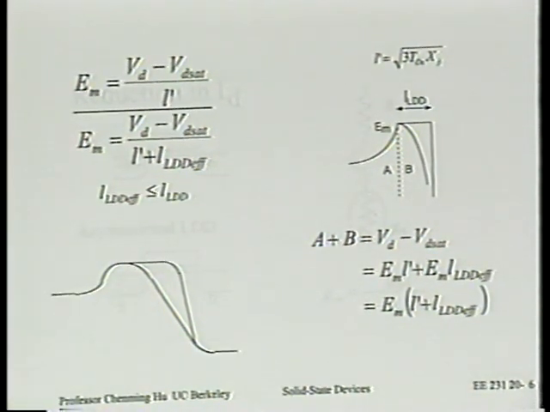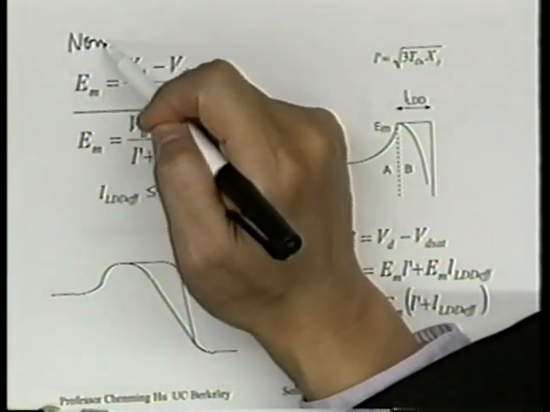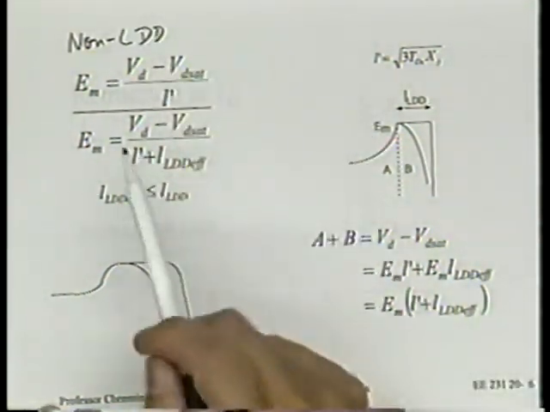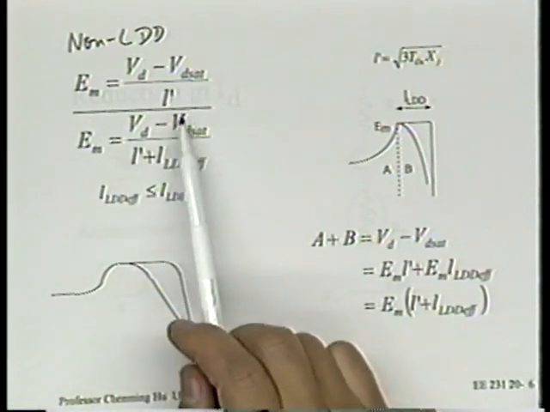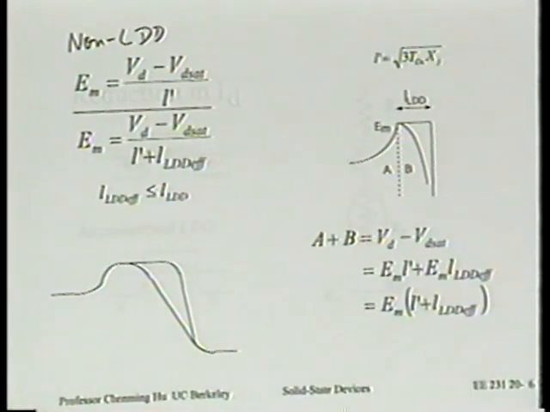If we now understand this LDD structure, then we can extend the theoretical model for EM. For the non-LDD structure, we have this case: EM equals (VD minus VD set) over L prime. We can interpret L prime as the effective length of the high field region.